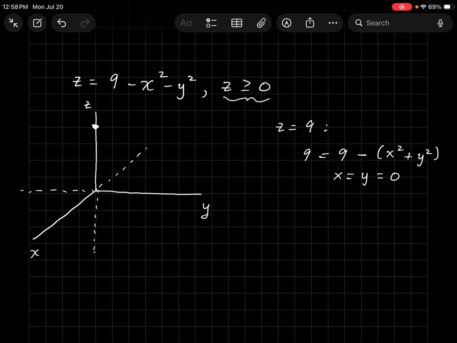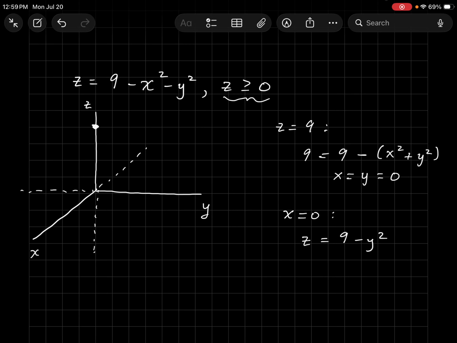All right, let's do some other traces now. Let's do the one where we let x equals 0. So if x equals 0, we have the equation z equals 9 minus y squared. Now, what kind of shape is that? Well, hopefully you recognize that as a parabola.